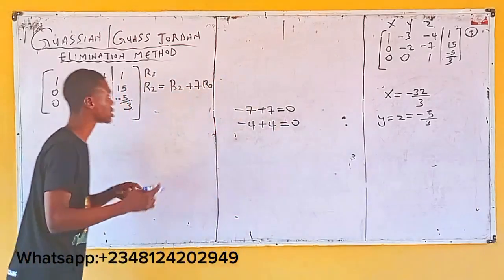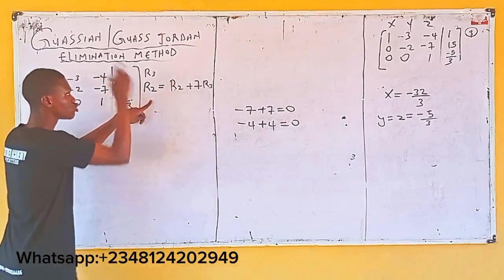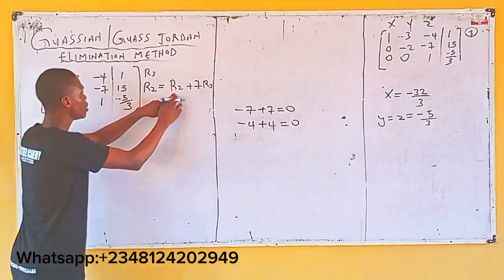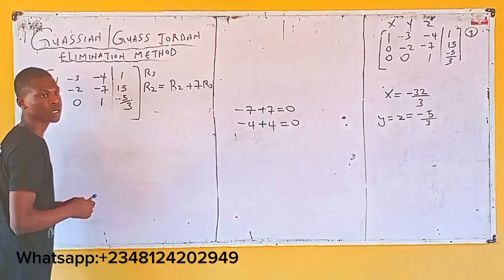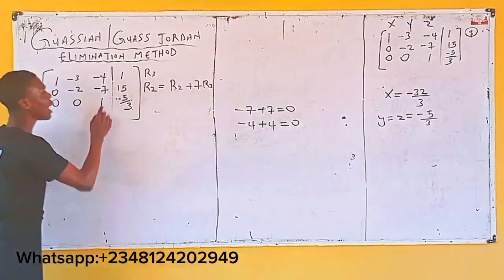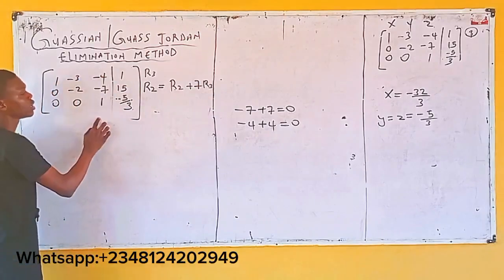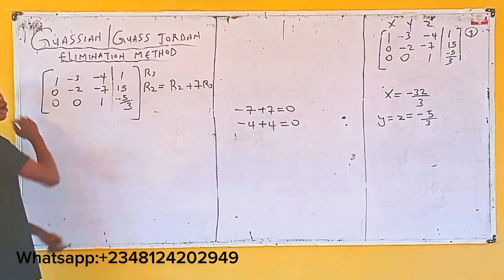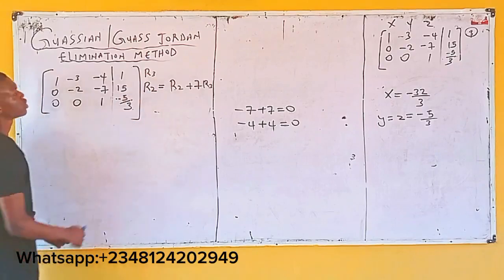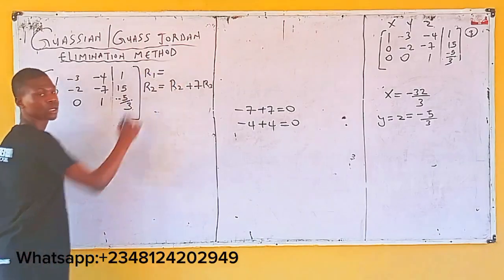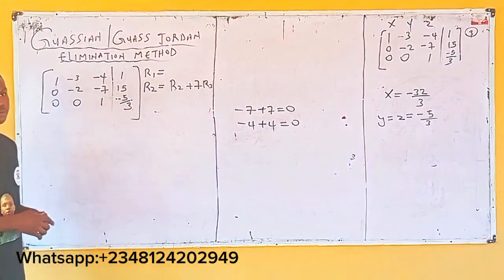So to now write it, this is the interpretation. Row 2 equals row 2 plus 7 row 3. And this is not really affecting this column. It is affecting row 2 all through. So your row 1 now will be what? What will be your manipulation?